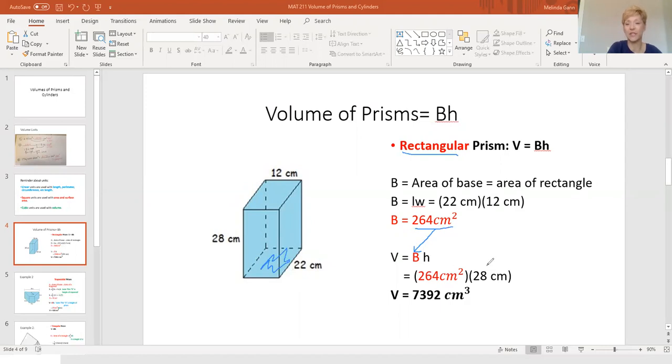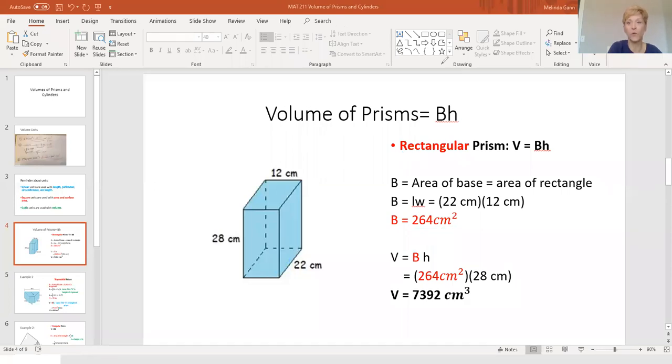So when I said 264 times 28, I got 7,392. And then of course, square centimeters times another centimeter does give me cubic centimeters. So in volume, I do always get cubic units. So let me get rid of this drawing, clear that drawing so it doesn't bother you on the next one.